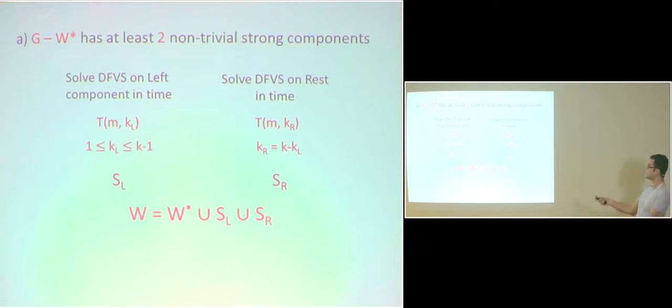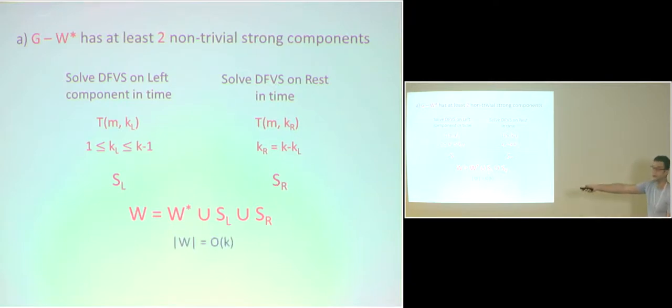If I remove W star, then something is left, and every cycle either lives in this strong component or in one of the other ones. But S_L hits all of the cycles that live here, S_R hits all of the cycles that don't live in this component. Done. So this is a solution.